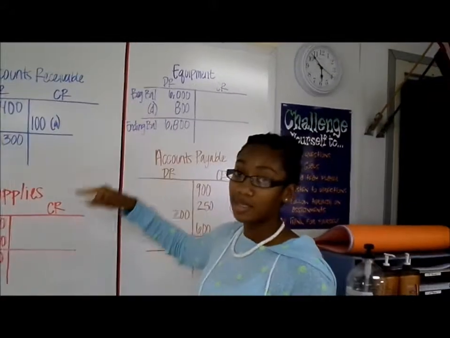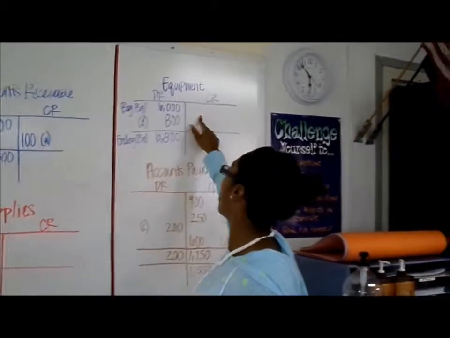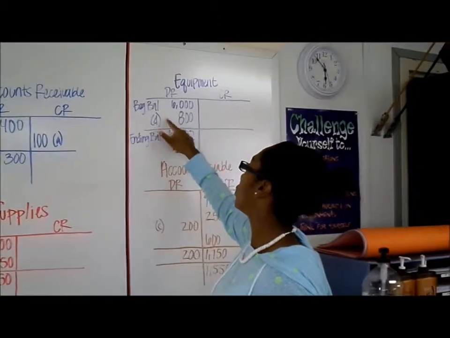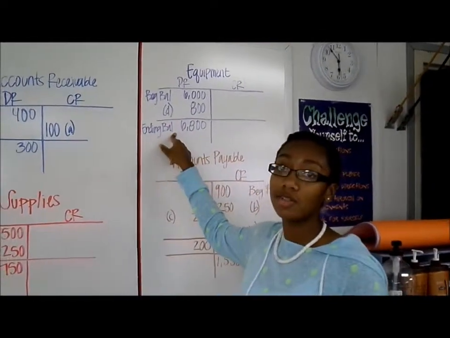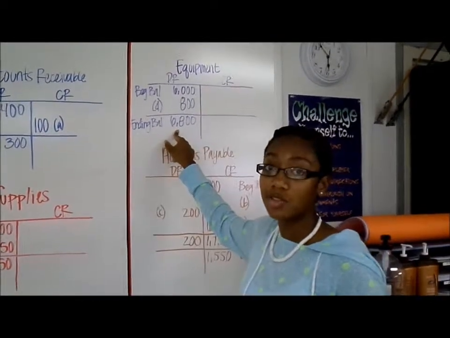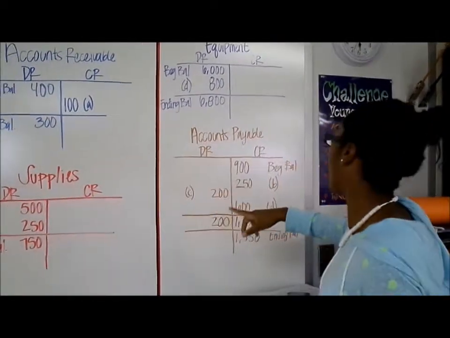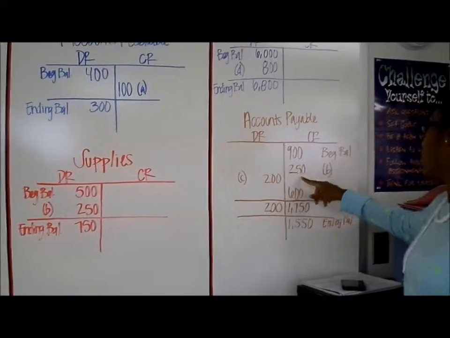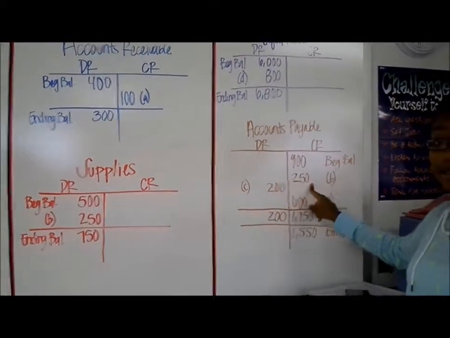For equipment, it's the same thing. You had no transactions on the credit side of the T account, so you would just add up the two transactions on the debit side of your T account, and you get an ending balance of $6,800.